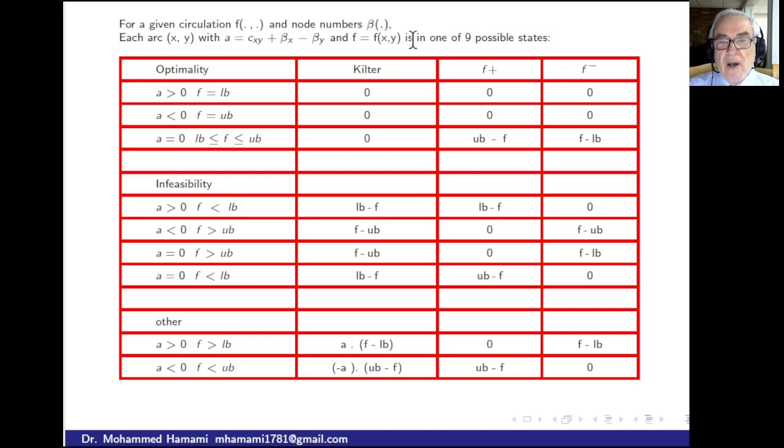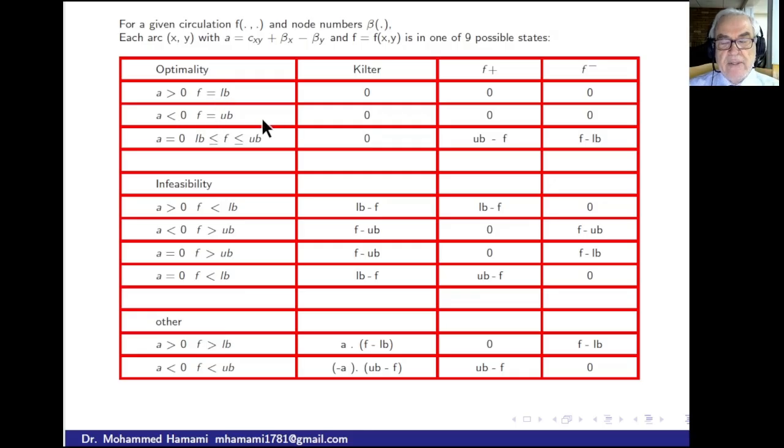So this arc is going to be in one of 9 possible states, and I group them into 3 categories: optimality, infeasibility, and other. So optimality is like the complementary slackness theorem says. If a is positive, f is equal to LB. A negative, f is equal to UB, and then a equal to 0, the flow is between the lower bound and the upper bound. So there are three possible states for optimality.